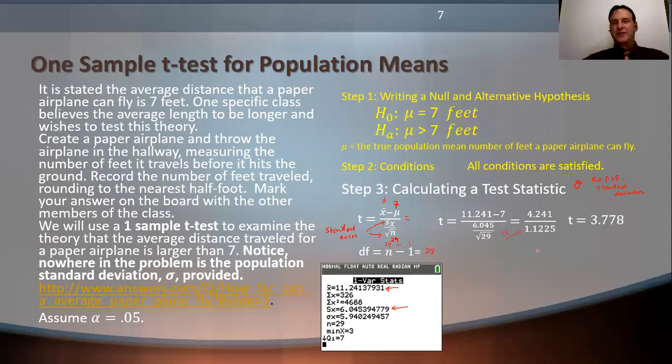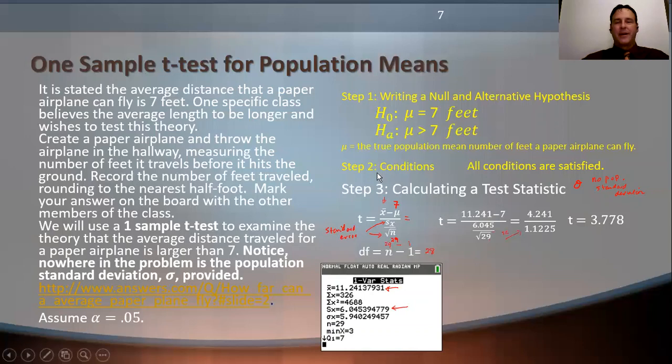And you divide that out, you get 3.778. And that is how many standard deviations our particular x bar is from the true mean. So we had an average that's almost 3 3/4 standard deviations above the mean.